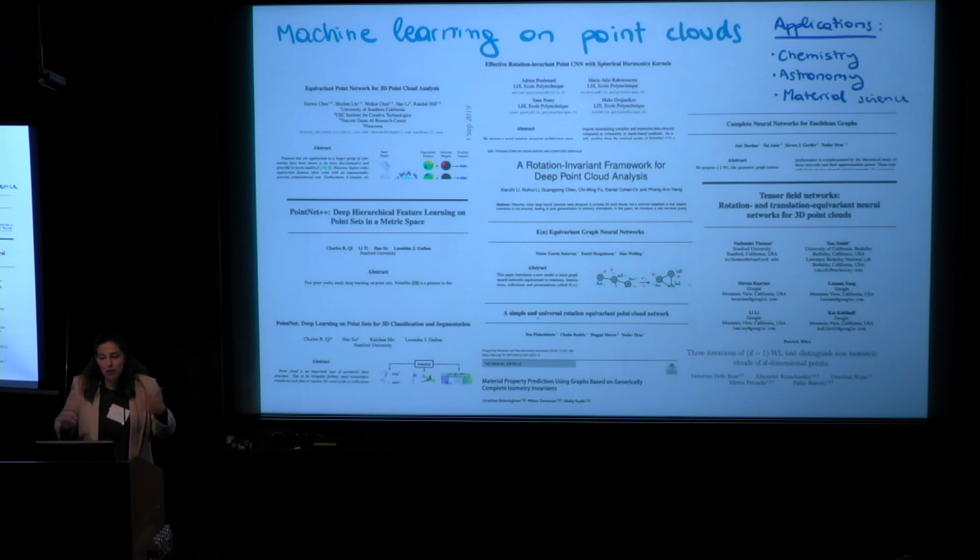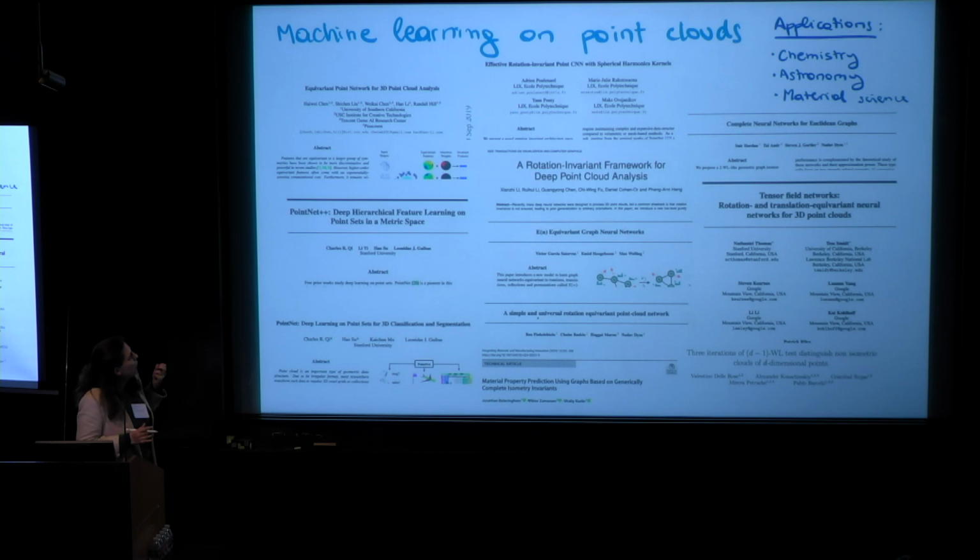OK, so I'm going to talk about machine learning on point clouds, and we saw machine learning on point clouds in Aram's talks earlier today. And there's a lot of work that look at machine learning on point clouds from different perspectives, with applications to chemistry, astronomy, material sciences, and so on. We saw computational biology as one of the applications.